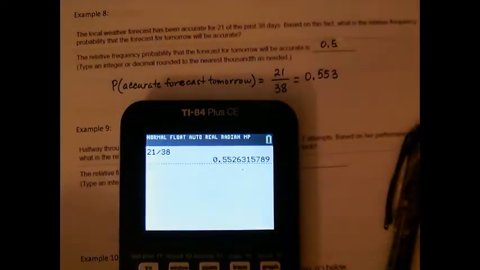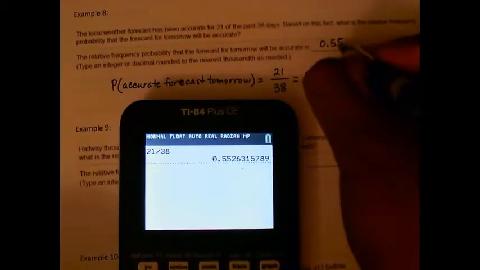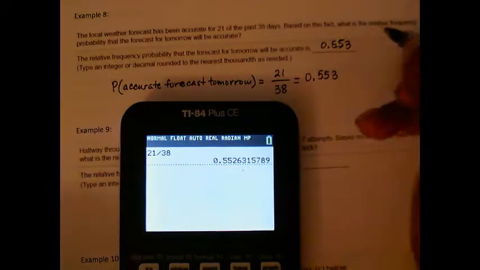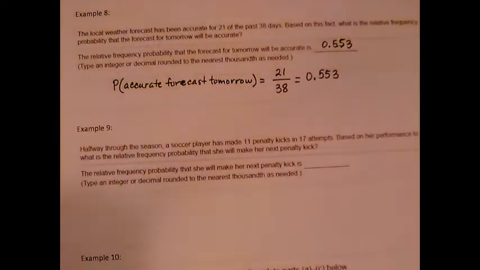So the probability that the forecast for tomorrow will be accurate will be 0.553. Okay.